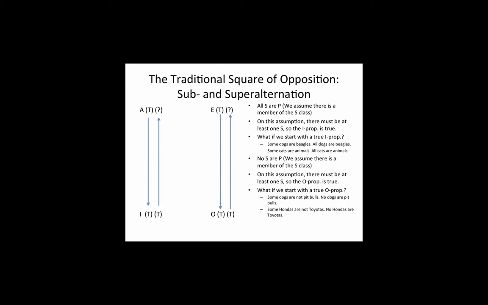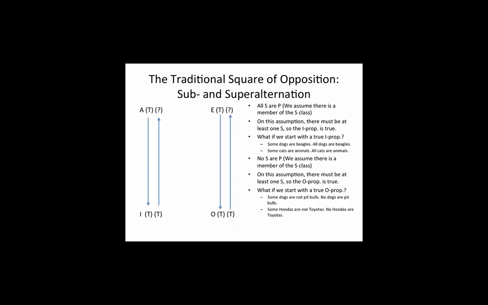But let's start with the A proposition, and the T in parentheses is the assumption that the A proposition is true. Now look at the blue arrow associated with that truth value, and it allows us, you can see, to infer a true I. So if an A proposition is true, the I proposition is true.